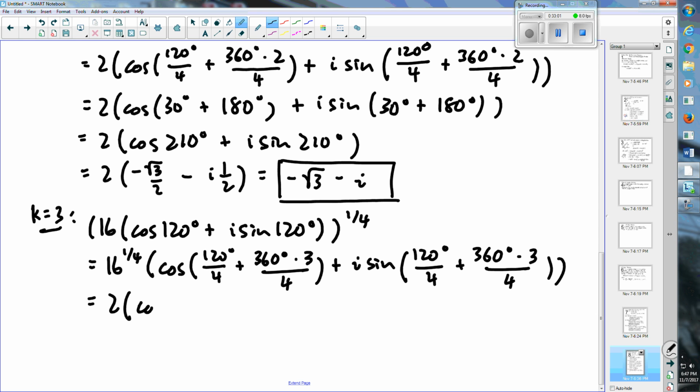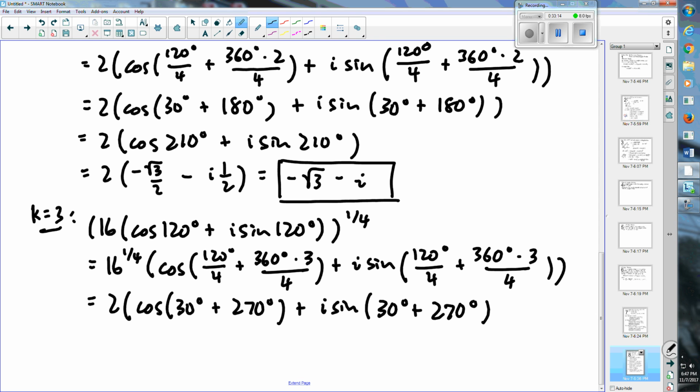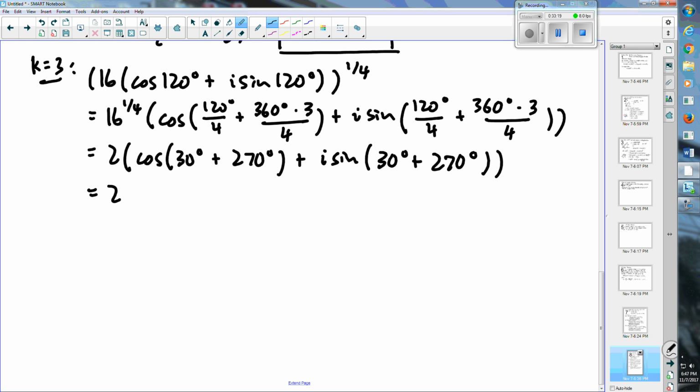So we get 2 times the cosine of 30 plus 270, plus i times the sine of 30 plus 270, which equals 2 times the cosine of 300 degrees plus i times the sine of 300 degrees.